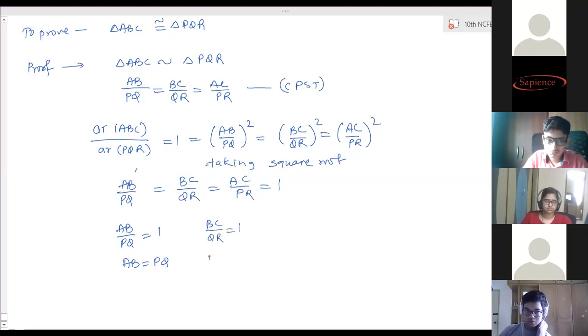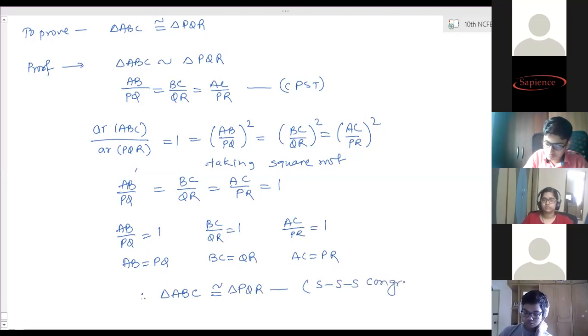BC by QR is equal to 1, so therefore BC is equal to QR. And AC by PR is equal to 1, so AC is equal to PR. So therefore triangle ABC is congruent to triangle PQR by SSS congruency, because all three corresponding sides are equal.